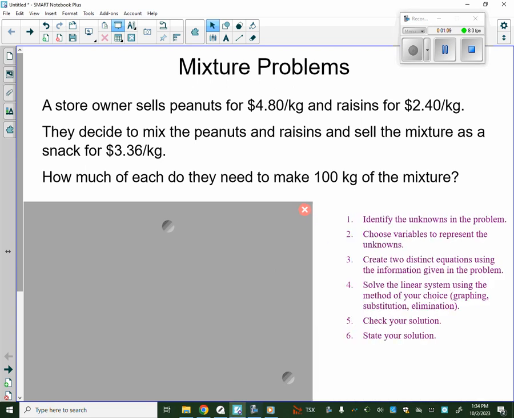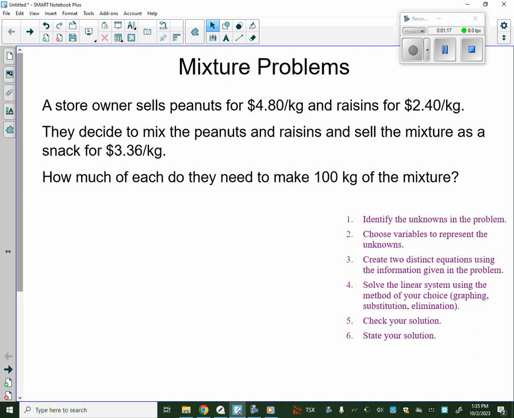Remembering this recipe that we learned about the other day, these are the steps that we're going to follow in order to come up with the answers for this problem. Step one, identify the unknowns in the problem. Well, we're trying to figure out how much of each. How much of each what? How much peanuts and how much raisins.